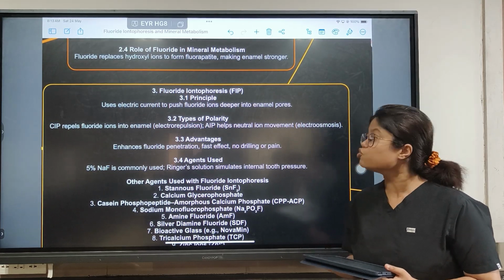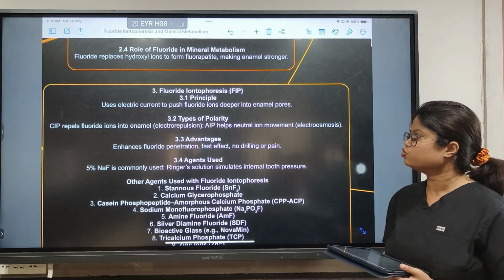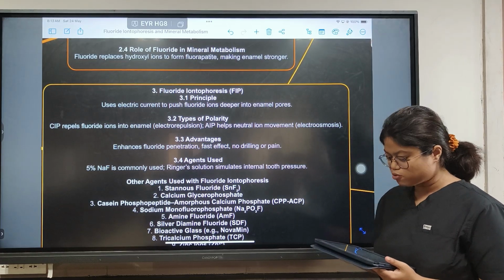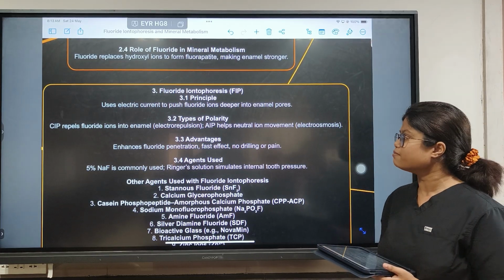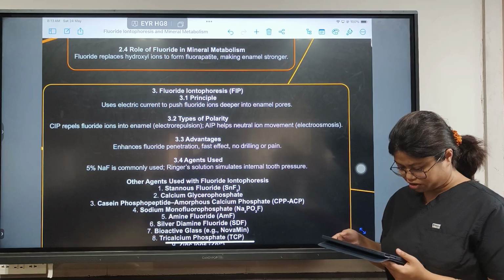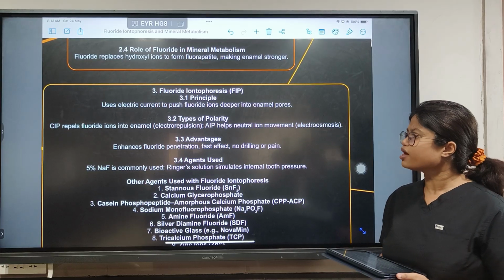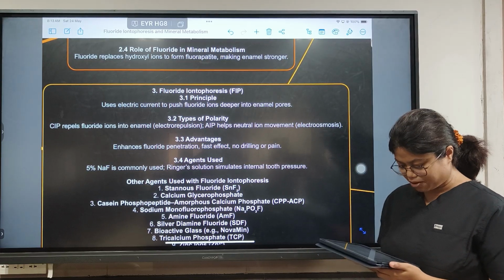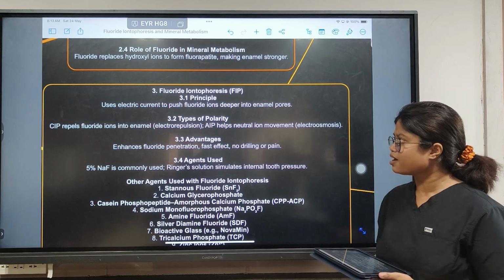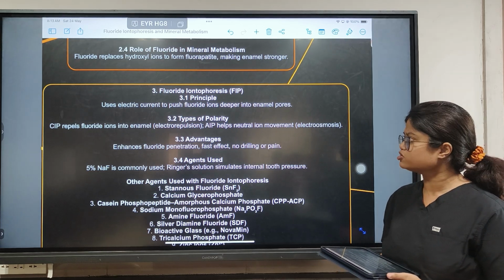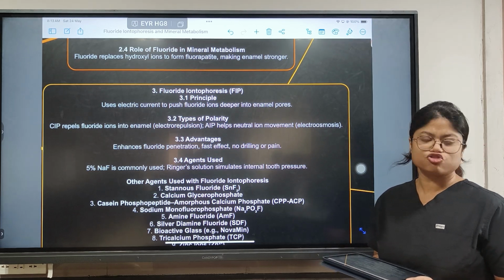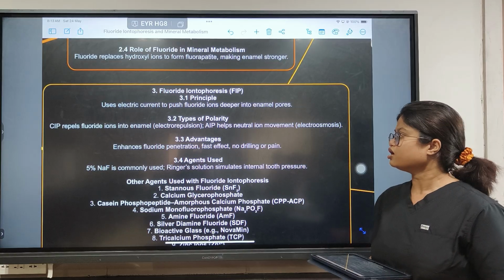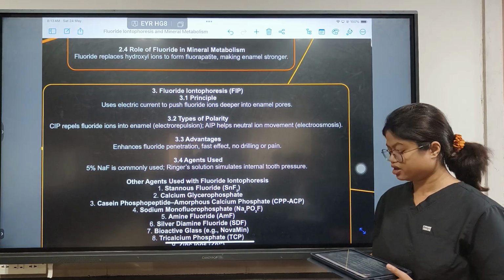So first, it uses electric current, as I told, direct current, to push fluoride ions deeper into the enamel pores. Polarity I already told: in cathode iontophoresis, the CIP repels fluoride into the enamel by the electrorepulsion process. AIP, by the electroosmosis process, helps in the movement of neutral ions.